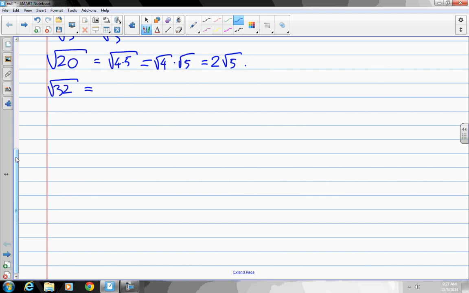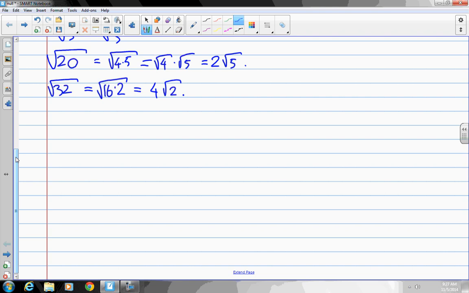So both kind of work. 8 and 4, 16 and 2, both contain a perfect square, but then you'll be stuck with the square root of 8, and you have to deal with that as well. So given options, always go for the largest perfect square that goes into the number. So the correct way of doing this one would be 16 times 2, so the square root of 16 is 4 square roots of 2. And that really means 4 times the square root of 2. Okay, so that's as far as I can go simplifying this expression.